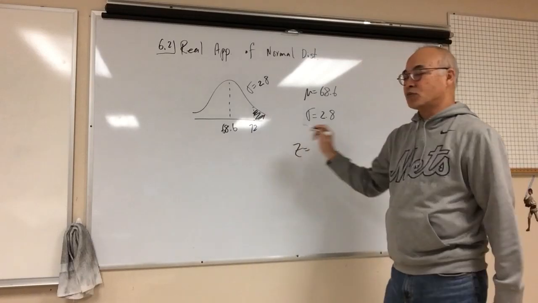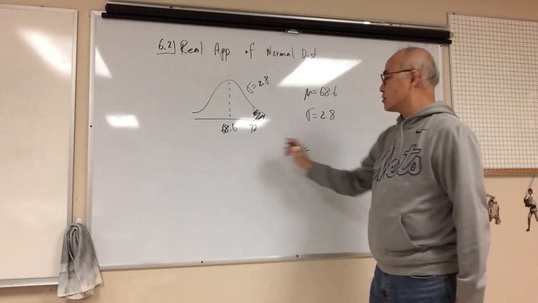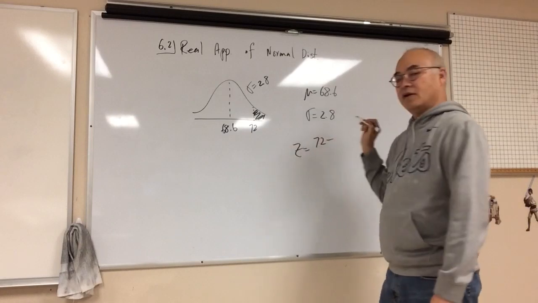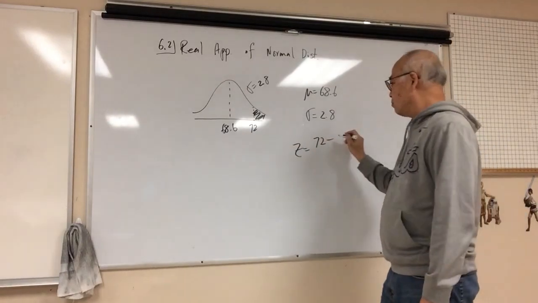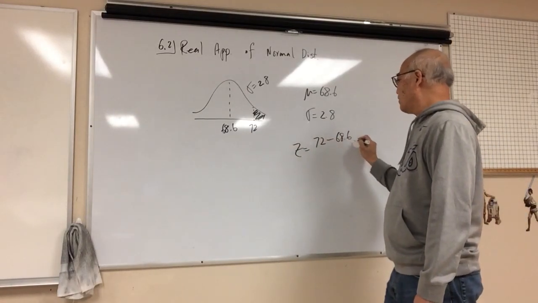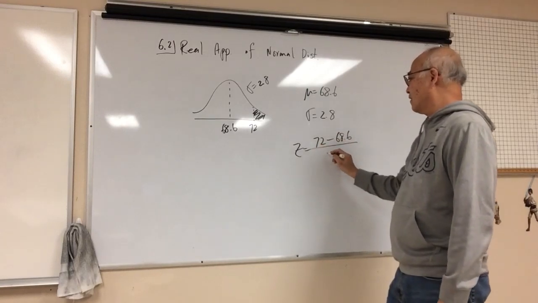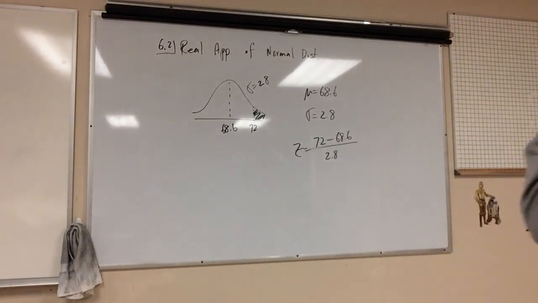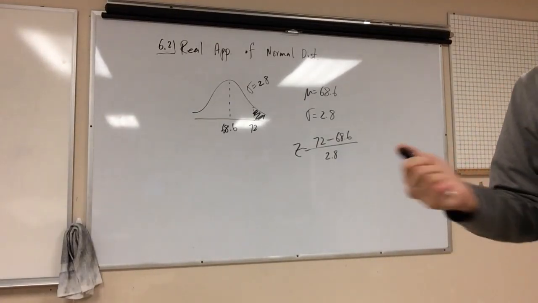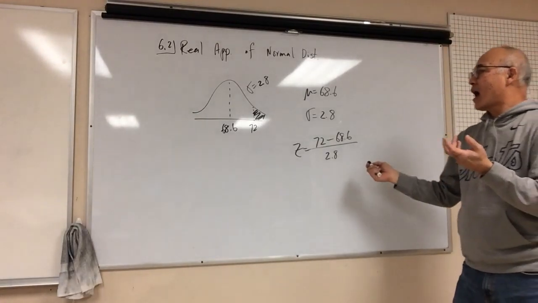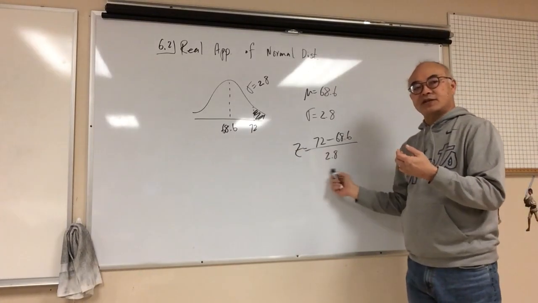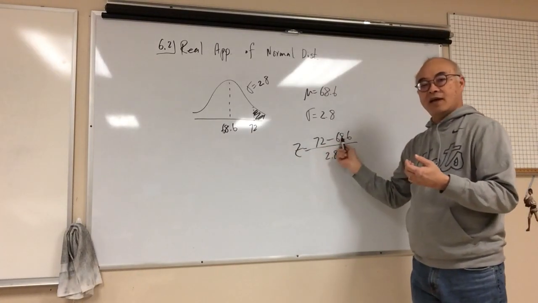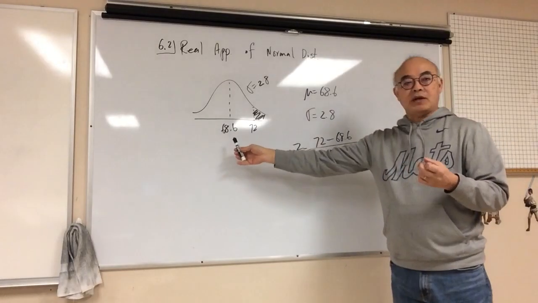It is the actual value, x, 72, minus mu, divided by 2.8. So really, if you look at the definition of the z-score, it is how many standard deviations away am I from the mean.